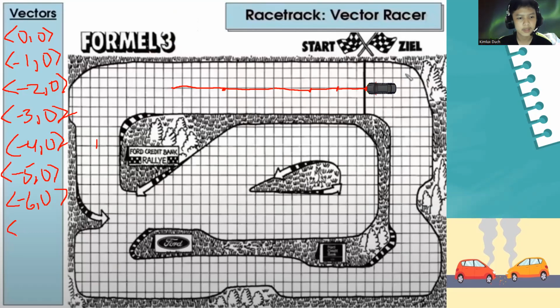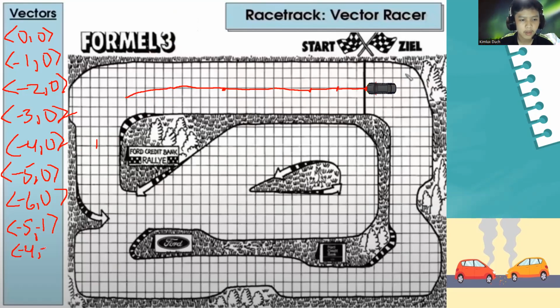So let me do a demonstration. Let's see, I'm decreasing my speed to 5, but I'm increasing the speed by 1. So minus 5. So minus 1. So minus 1, 1, 2, 3, 4, 5.